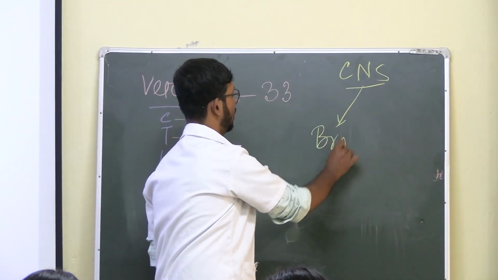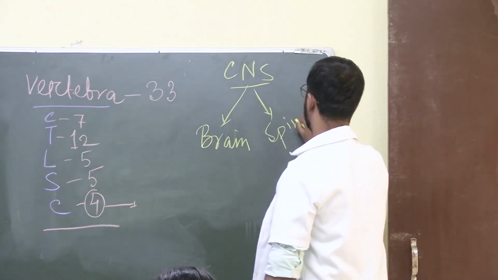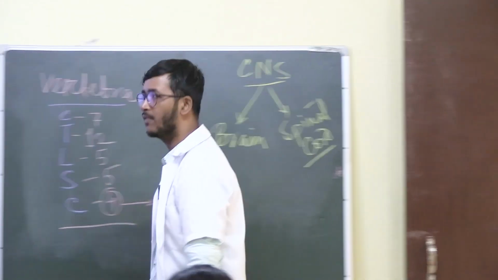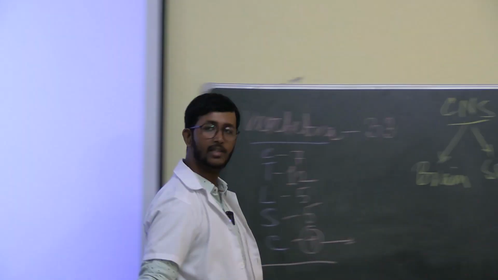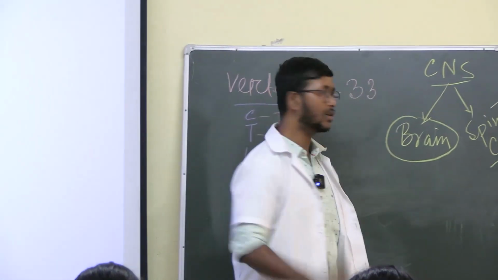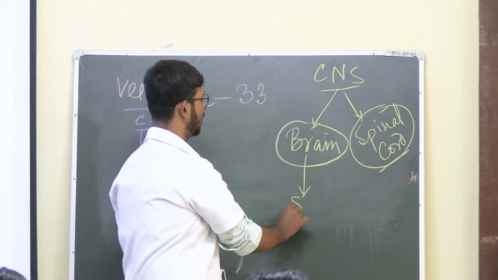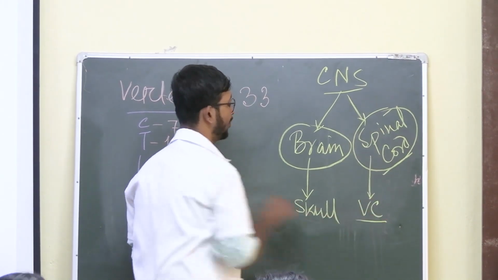All the rest of the nerves that you study in our body constitute the peripheral nervous system, and parts of the autonomic nervous system are present there. So brain and spinal cord form the CNS. The brain is covered by the skull, and the spinal cord is covered by the vertebral column.